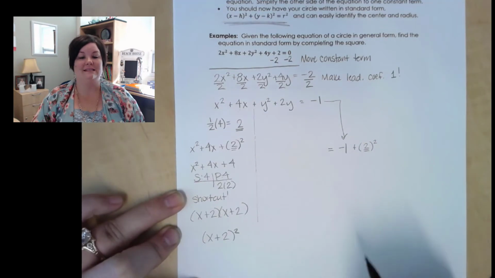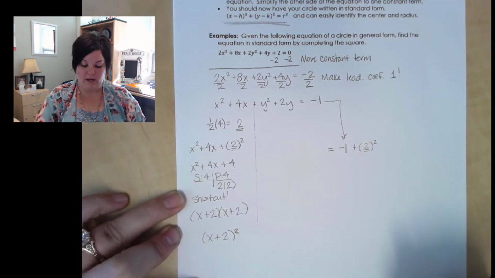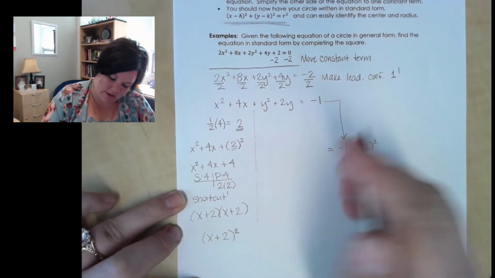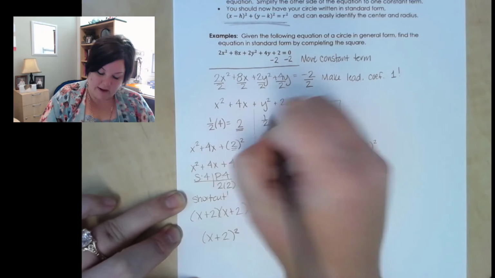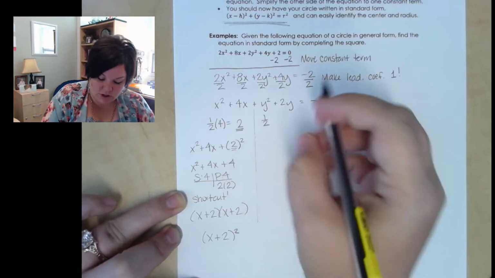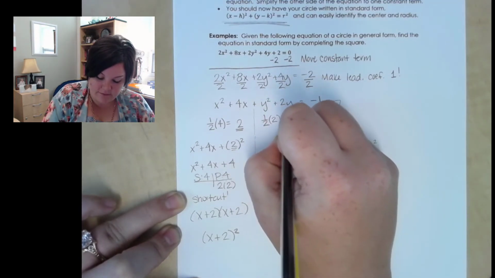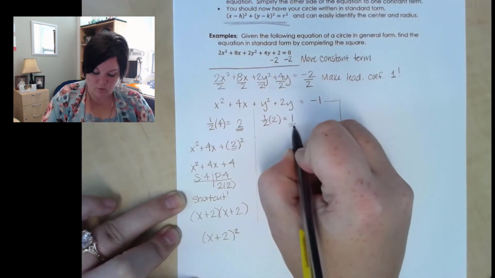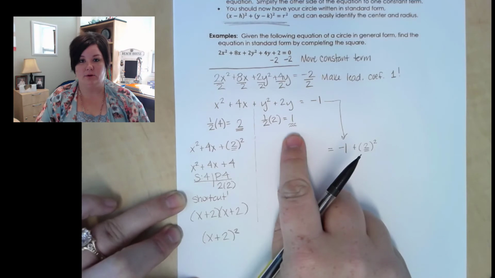Now I want to do the exact same thing with my y's. Okay, so I'm going to complete the square with the y's. So I'm going to take half of my y term coefficient, which is a 2. Half of 2 is 1. So 1 is what I'm going to square and add to both sides.